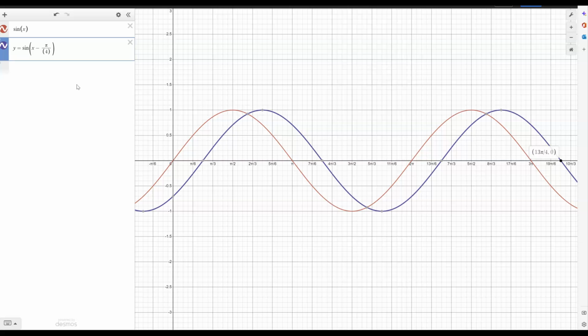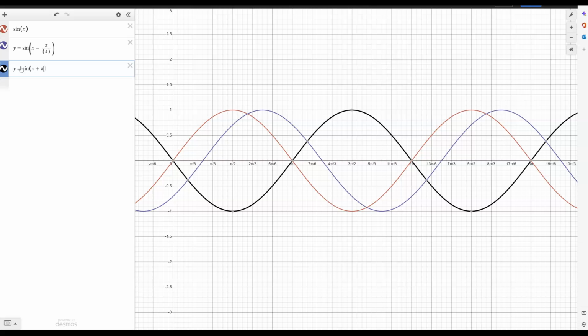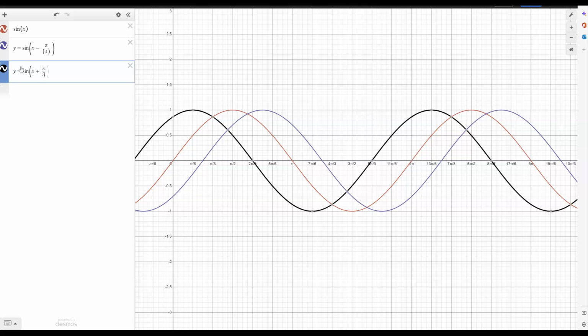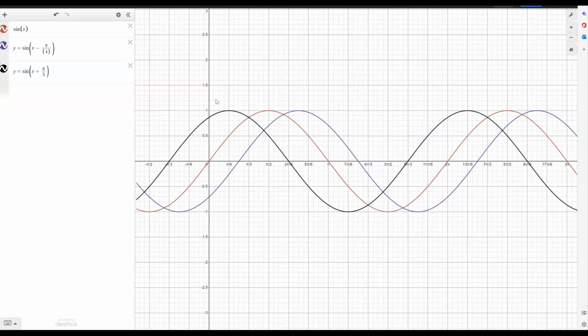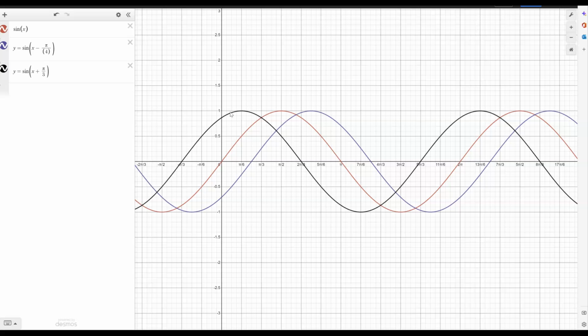Okay, if this had been y equals the sine of x plus, let's say, pi over 3, okay, so that's this black line, and you can see here, instead of shifting to the right, since I had plus, I shifted pi over 3 to the left, right?